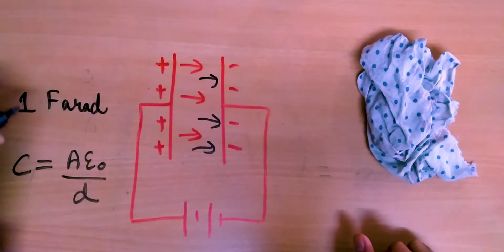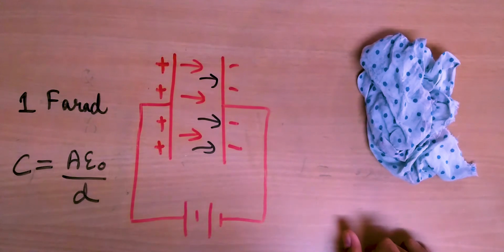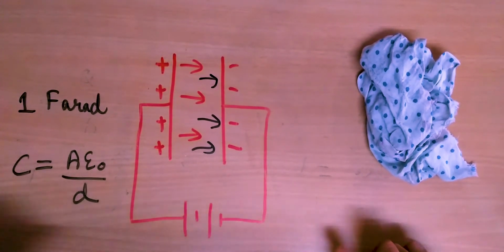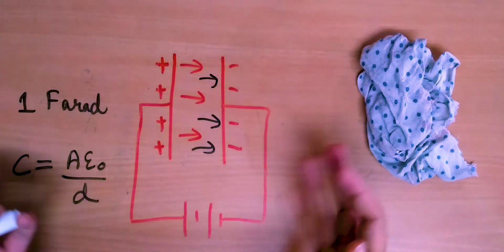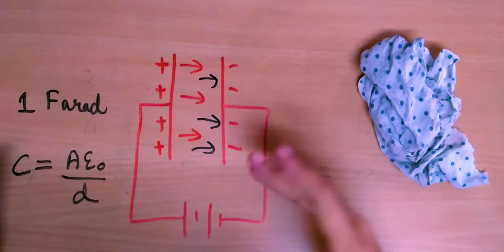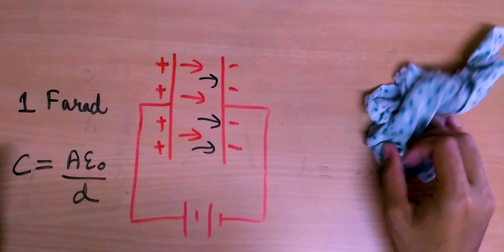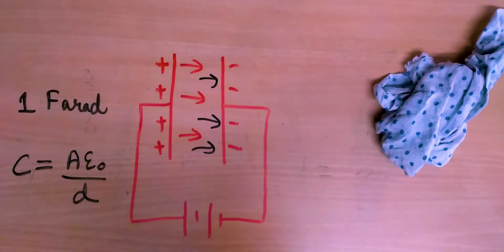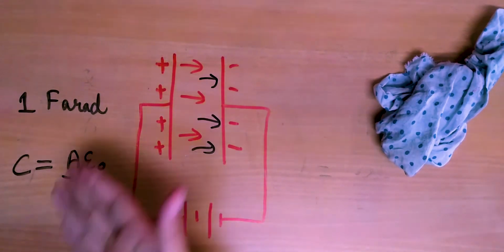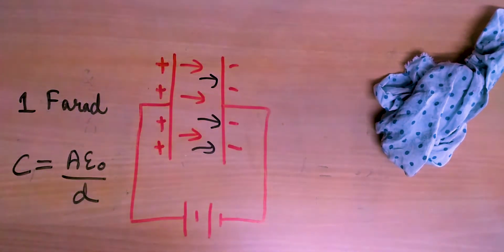So that is the unit of capacitance, 1 farad, named after the scientist Faraday, I believe, and that is a unit of capacitance, but it is a pretty large unit, and so you'll be generally using microfarads, millifarads, and smaller units. So that's it for this video, and in this video you've learned the three factors upon which capacitance, or the ability to store charge, depends.